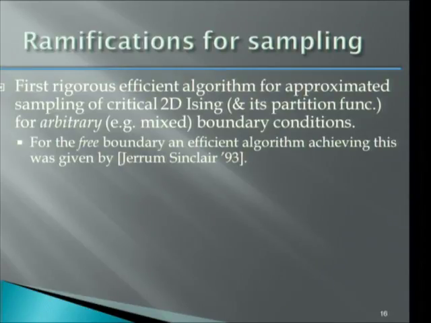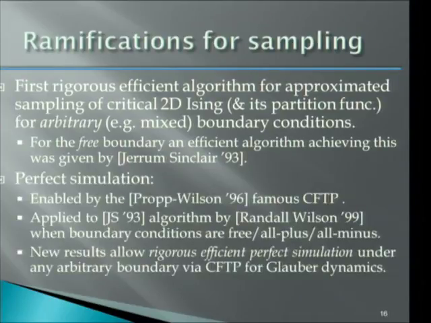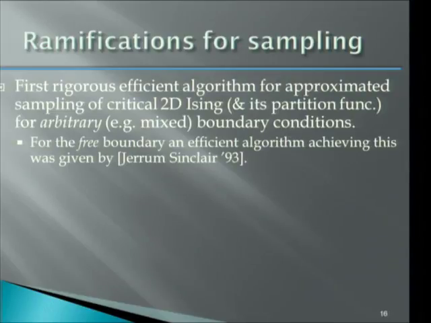Mark Jerrum and Alistair Sinclair in '93 had a very famous paper which showed the first efficient algorithm for sampling the Ising model. And this wasn't just on lattices, this was on general graphs. But their algorithm was adapted to the free boundary setting. So this was an ingenious, complicated algorithm to sample this distribution.